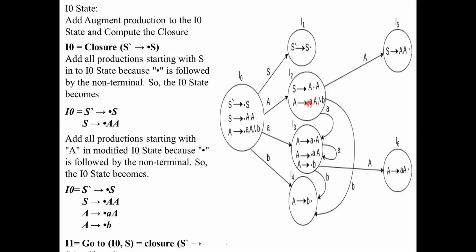Now this dot is shifted here, so it contains A tends to A dot A, right? And when the dot is here, already in the previous step we discussed this thing. So we introduce all the productions of A, it means dot A, capital A, or dot B. So we write all of it here.